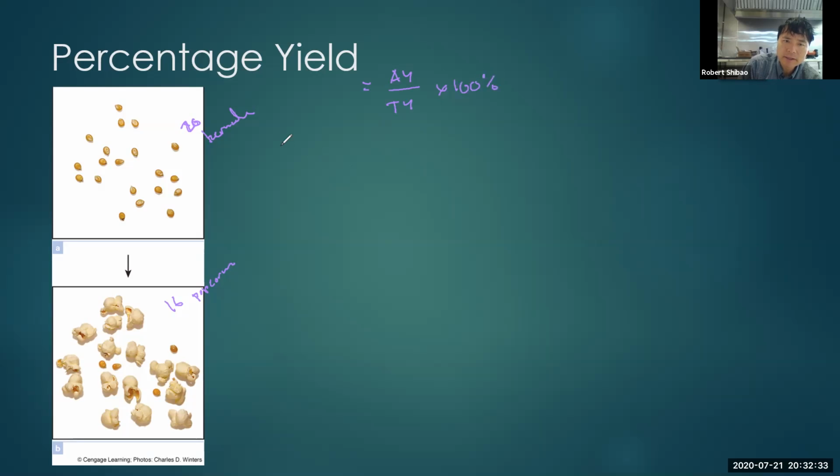AY is the actual yield. The actual yield is 16 popcorns. But TY is the theoretical yield. We should have gotten 20 popcorns, not 16.